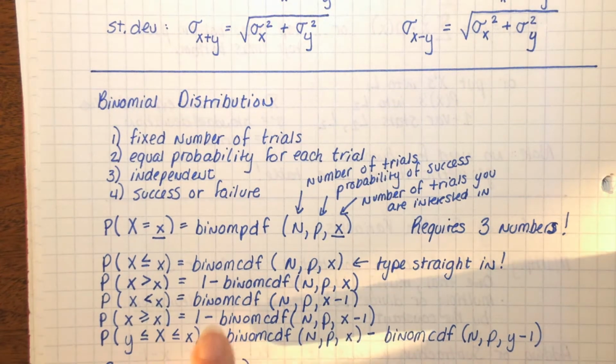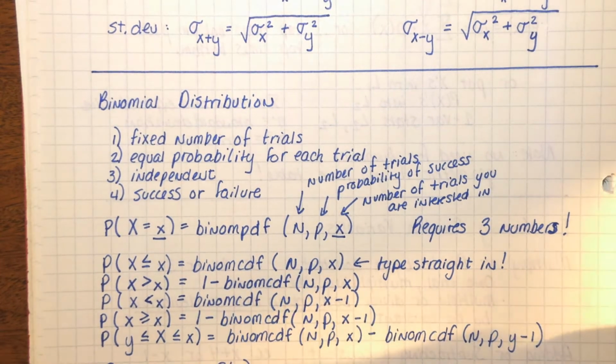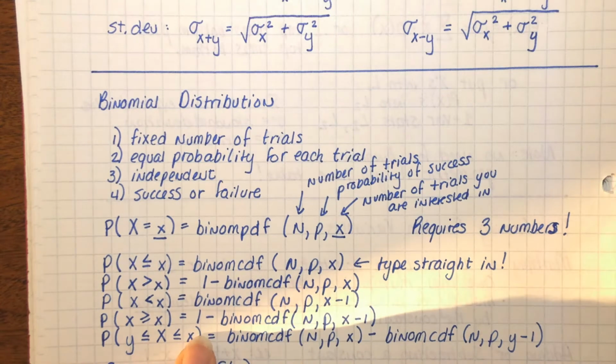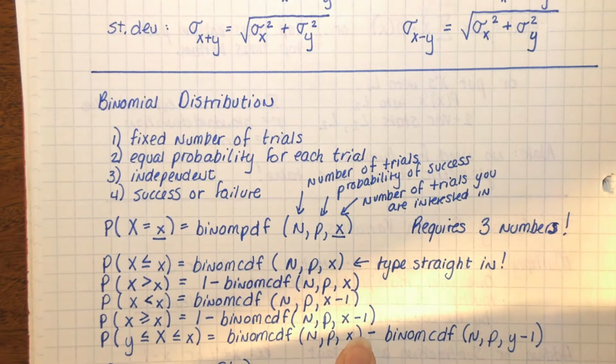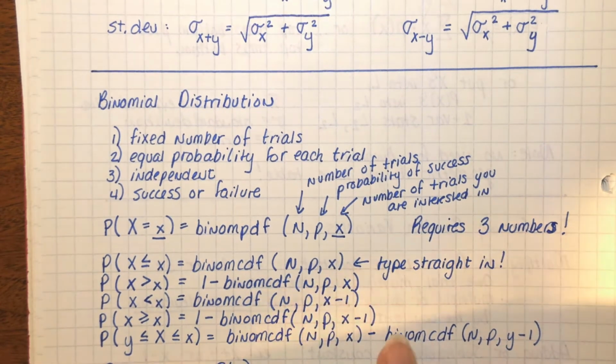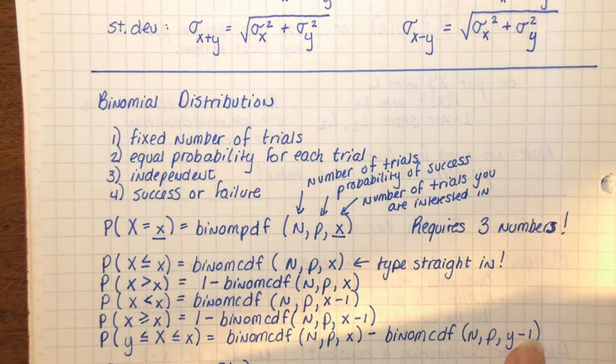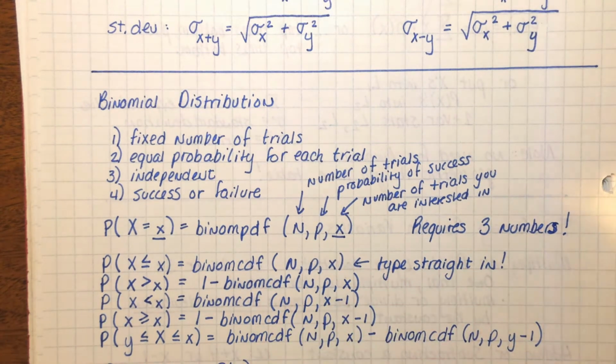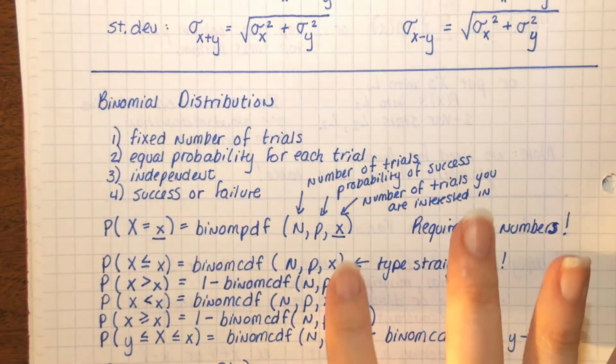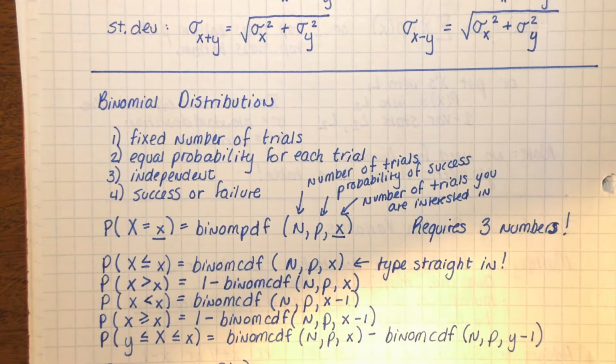And then greater than or equal to has both. And then when you're between 2 numbers, you have the second one, and then the first one, subtraction of the first one minus 1. If you want to go back and look at those, I believe those are in 6-52 to 58 if you want numeric examples, but I think these are also great to have right next to each other.